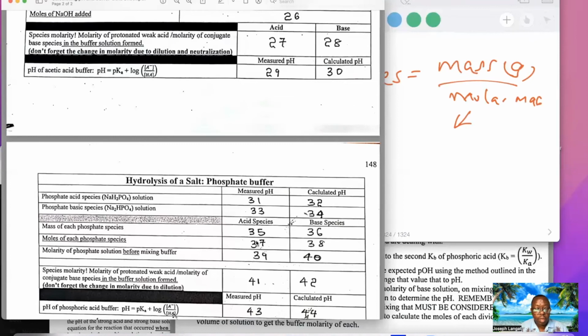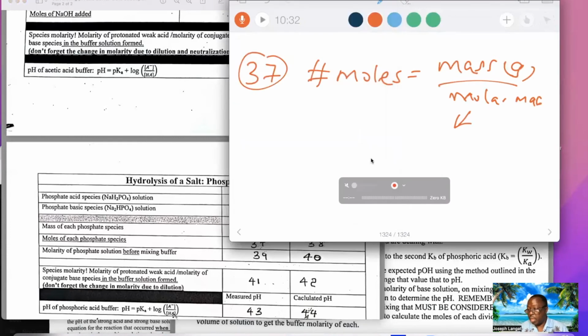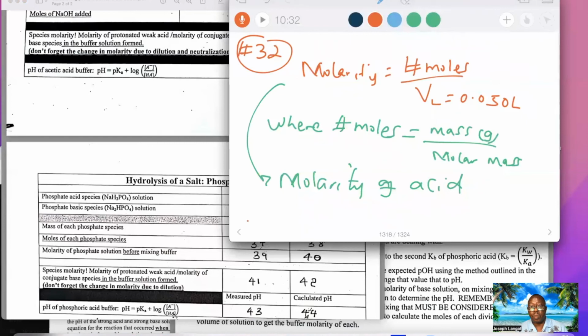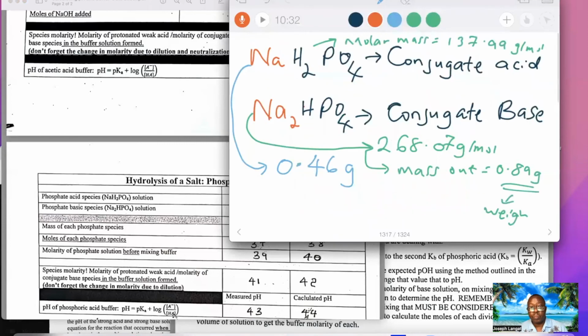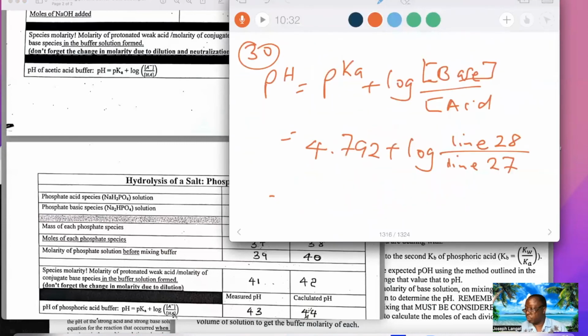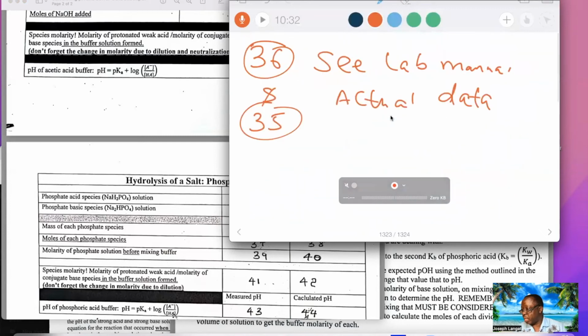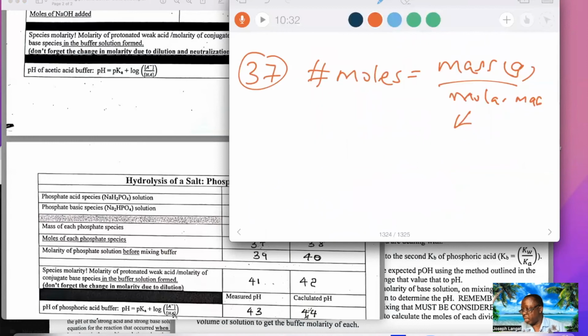It is an acid species, the conjugate acid. 137.99. See the lab manual.